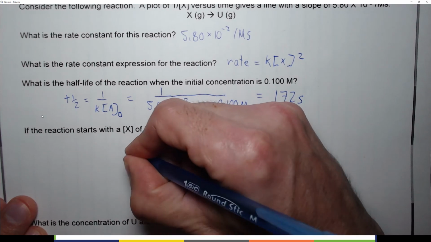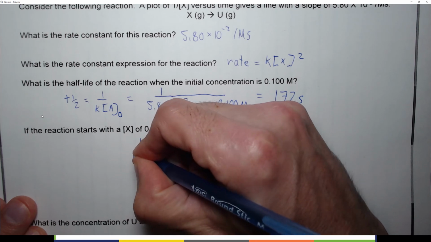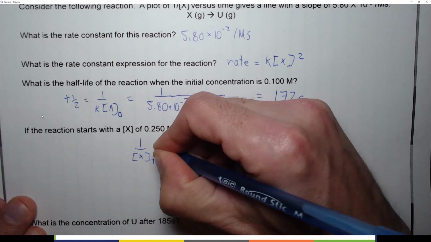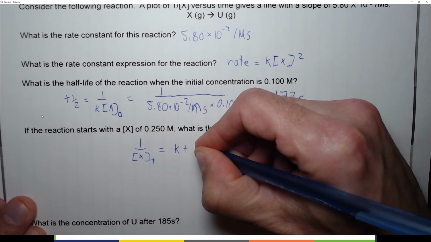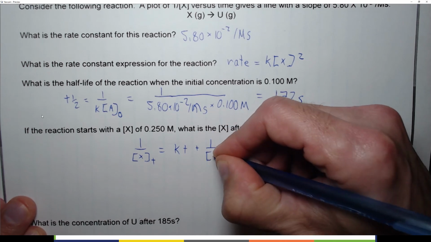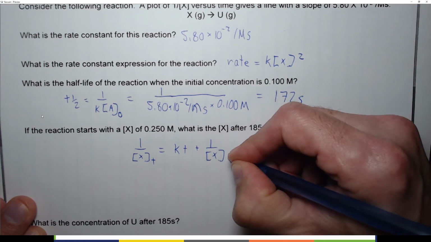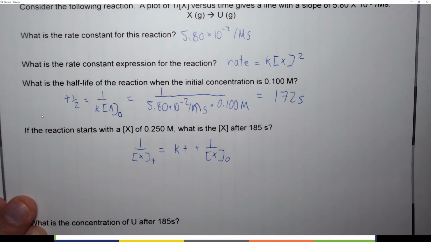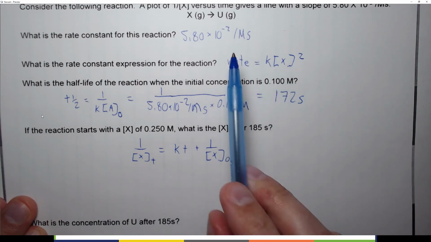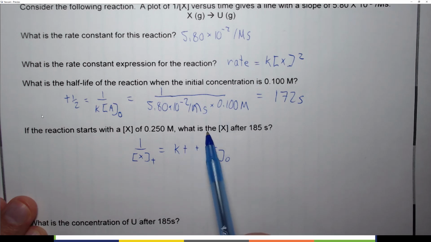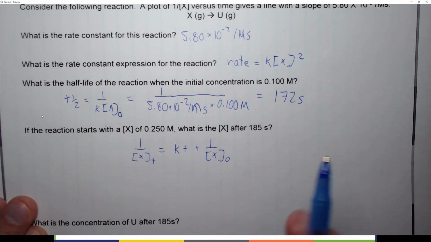That is 1 over the concentration of X at some time equals kt plus 1 over the initial concentration of X. In this case, we know the initial concentration of X, we know k, and we're given the time, 185 seconds.